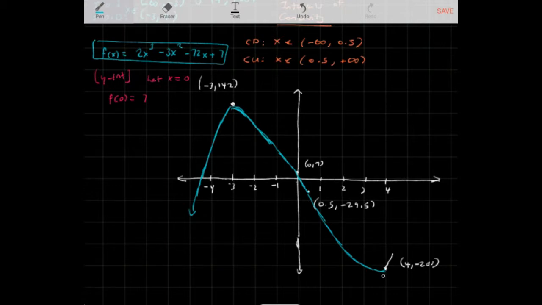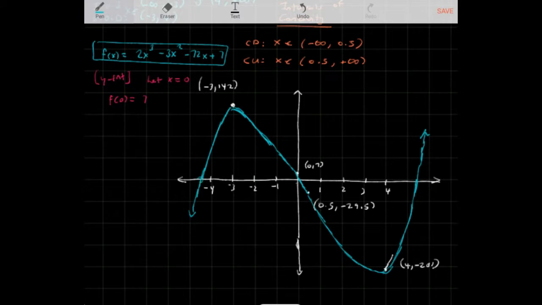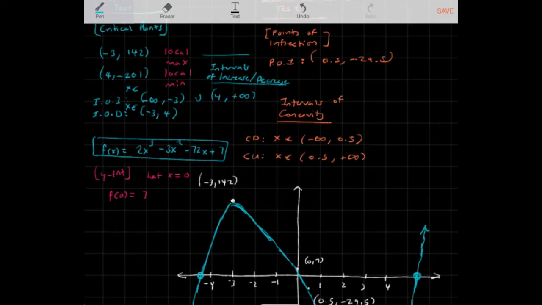So between 0.5 and beyond, this should be concave up, and there should be a minimum point, and there should be some kind of x-intercept here. To make a more refined sketch, you would actually need to find some of these x-intercepts. But right now we just want to understand the behavior of the function. With more tools, you can create a more refined sketch.